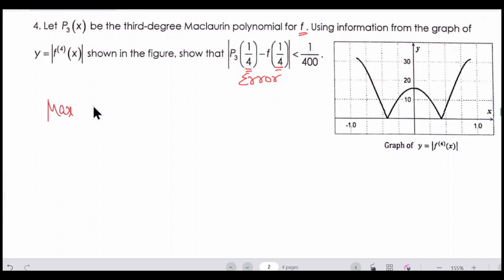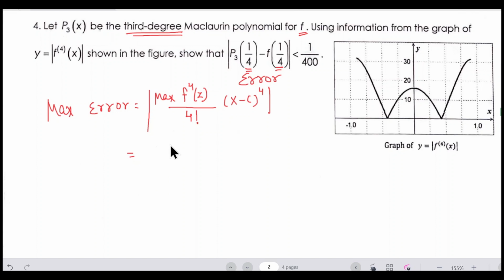So we know that the maximum error is given by the absolute value of the maximum value of the fourth derivative of the function at some value z over 4 factorial, times x minus c raised to 4. Why the fourth derivative? Because it is a third degree Maclaurin polynomial, that's what we are approximating with.